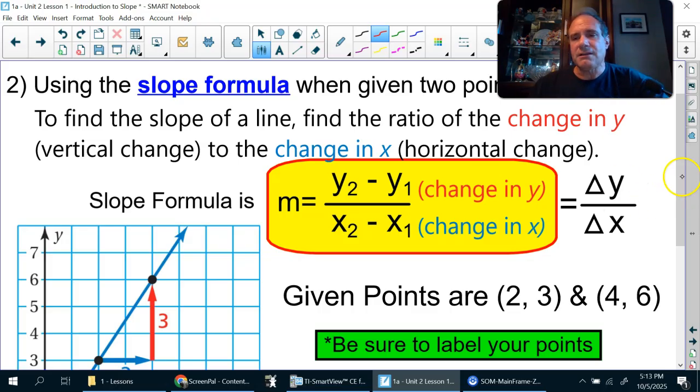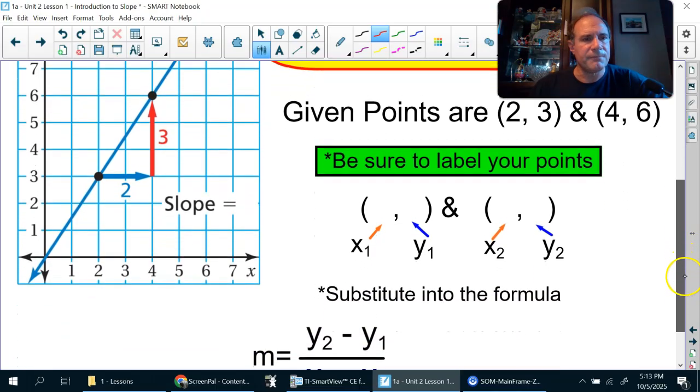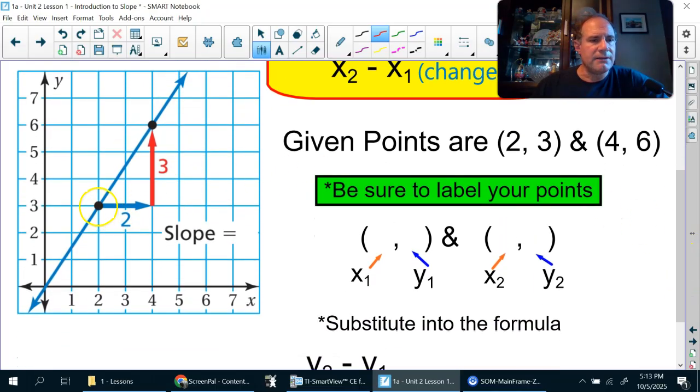So when you see on the left-hand side that there is a graph there, you know that if you make your triangle, this slope is a rise of 3, and the run is 2.